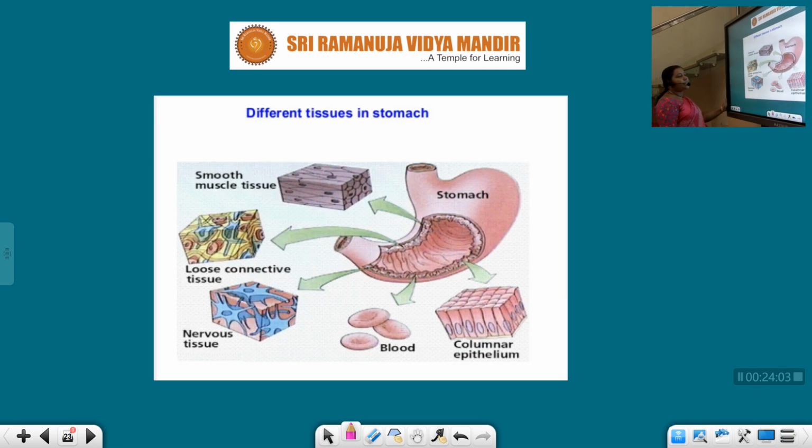For example, this is the stomach, right children? Let me explain. The stomach mainly consists of different types of tissues: smooth muscle tissue, loose connective tissue, nervous tissue, blood, columnar epithelium. So different types of cells and tissues combine to form a complete organ, that is stomach.